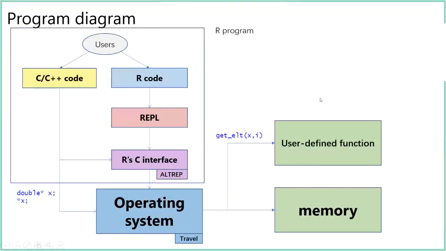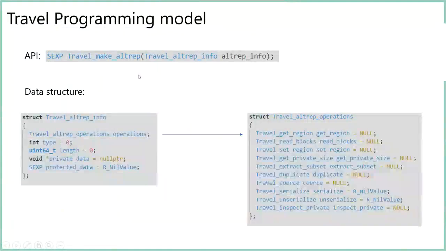Then let's look at the API in the Travel package. This is a C++ function in the Travel package, and a developer can call this function to create an ALTREP object. The input is the ALTREP info to tell Travel how you would like the ALTREP to be, and the return value is just an ALTREP.